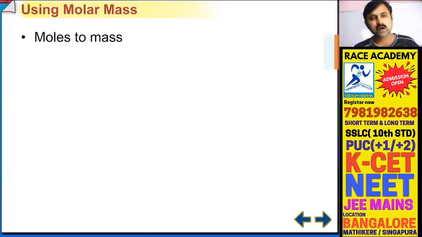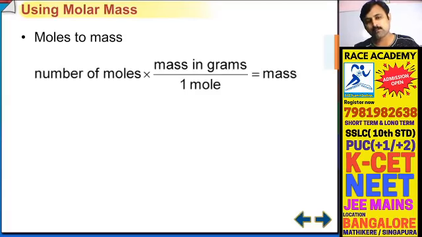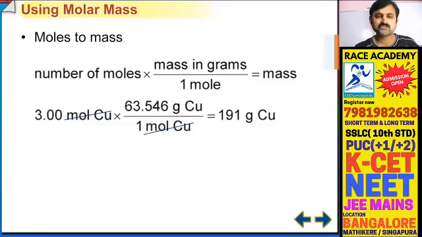Now, moles to mass. Number of moles times mass in grams will give the mass of the substance. So if the question provides the number of moles, we can convert that into mass. If 3 moles of copper are given to us, then 3 moles of copper multiplied by its mass in grams, 63.546, gives 191 grams of copper.